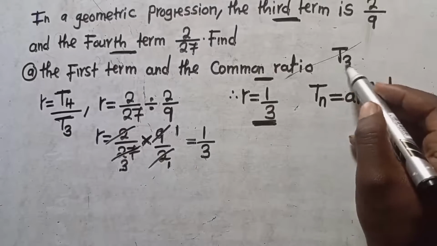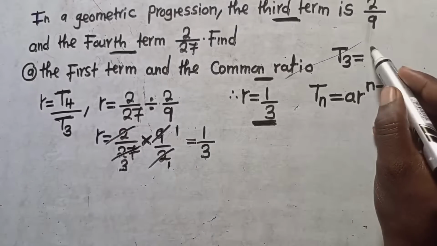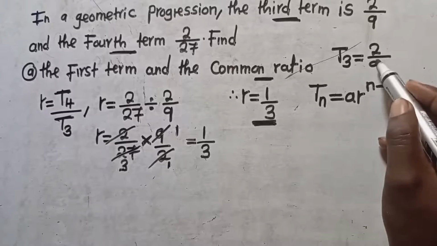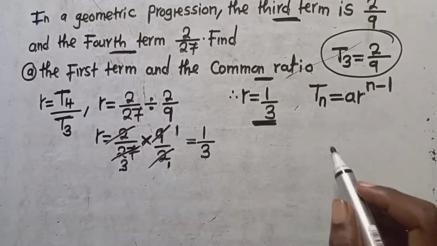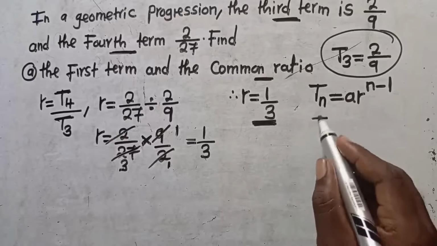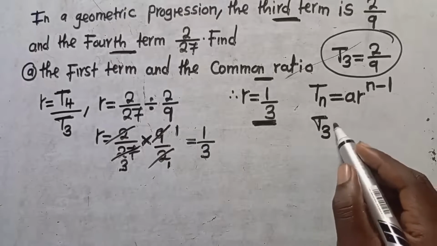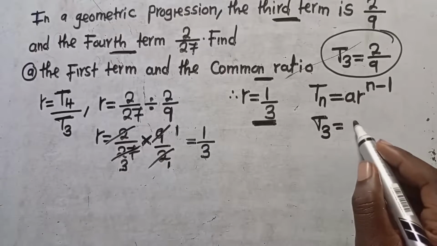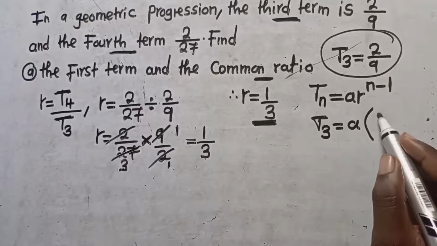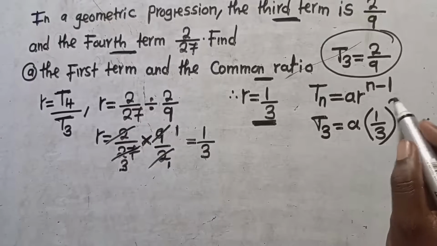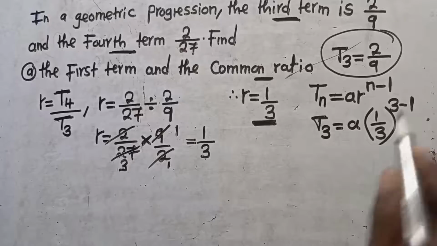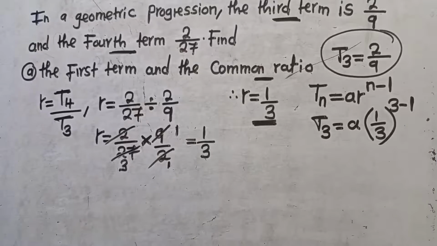I know the third term is equal to 2 over 9. Where there is n, I put 3. So T3 is equal to a, the first term, which is the one I'm looking for, times the common ratio, 1 over 3, to the power 3 minus 1.